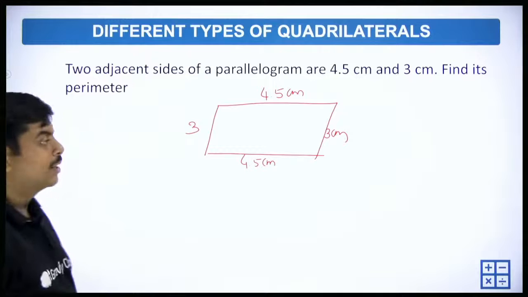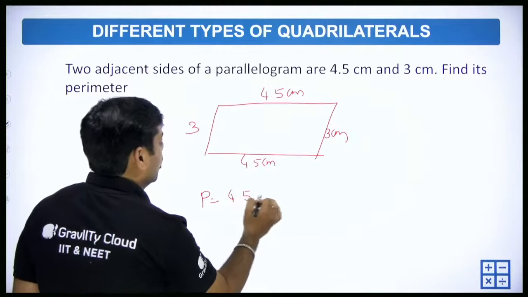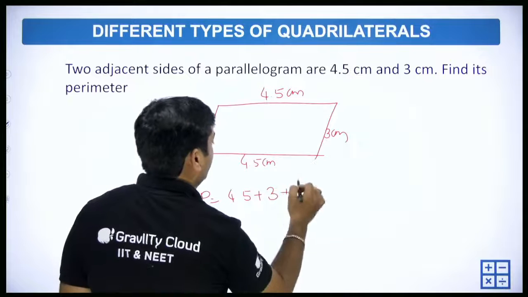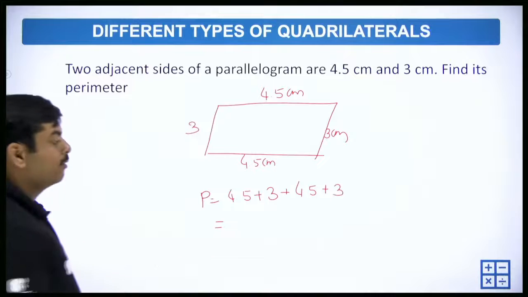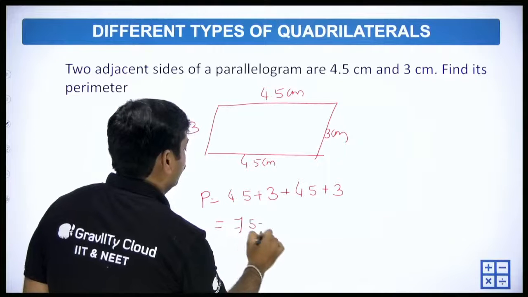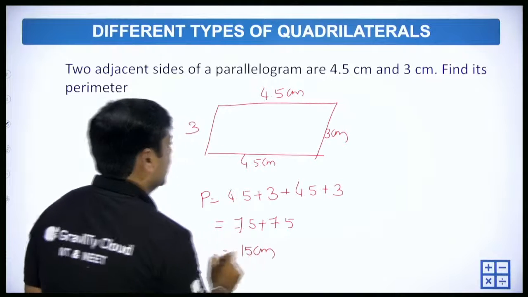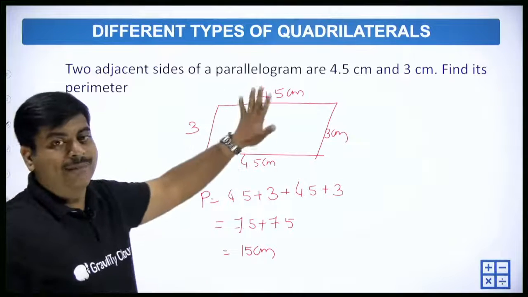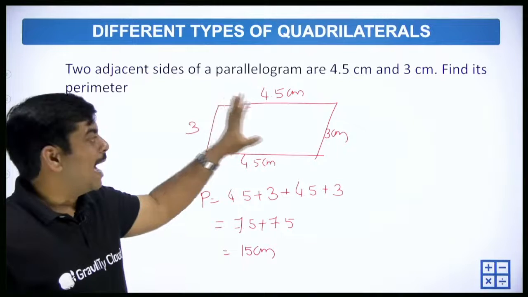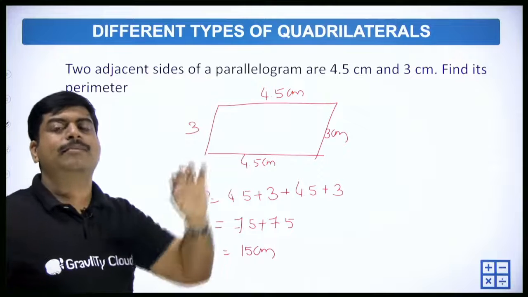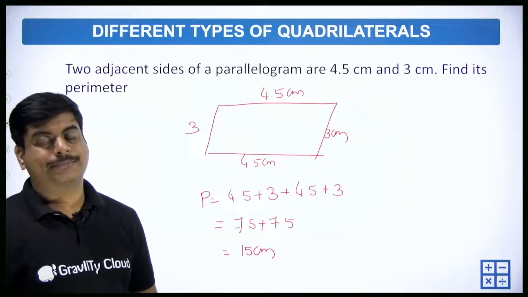The perimeter is 4.5 plus 3 plus 4.5 plus 3. 4.5 plus 3 is 7.5, and 7.5 plus 7.5 gives you 15 centimeters. That is the perimeter of this parallelogram. Perimeter always means the sum of all the sides.